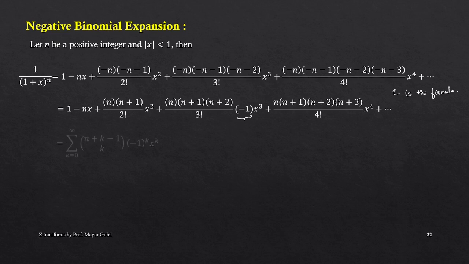So on this basis, this gets simplified to a combinatorial notation: n plus k minus 1 choose k into minus 1 raised to k into x raised to k, where k goes from 0 to infinity. This is the simplified version of this entire expansion.